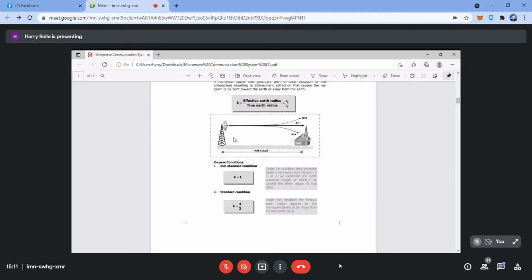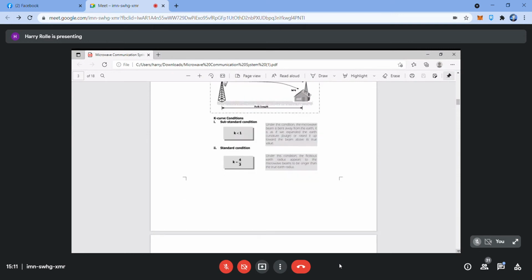Okay? If you have a standard condition, ito yung pinakamagandang condition that we have other than K is to infinity. We have here K is to 4/3. This is the standard condition wherein this fictitious Earth radius appears to make the microwave beam longer than the Earth's radius. So ito yung pinakamagandang condition natin, K is to 4/3.